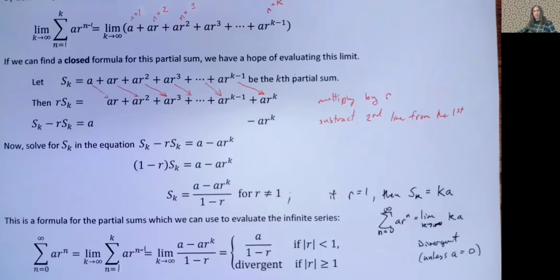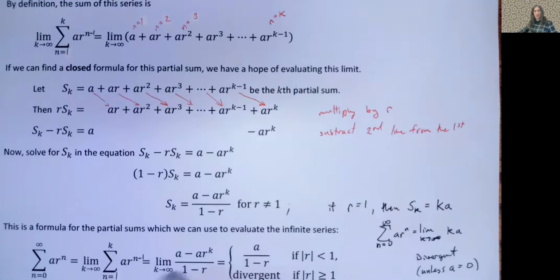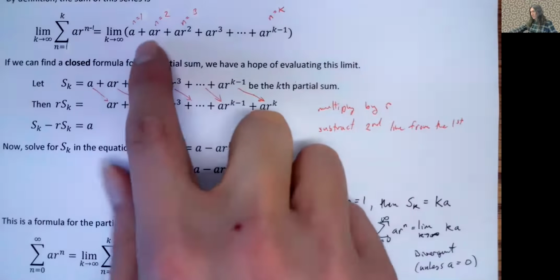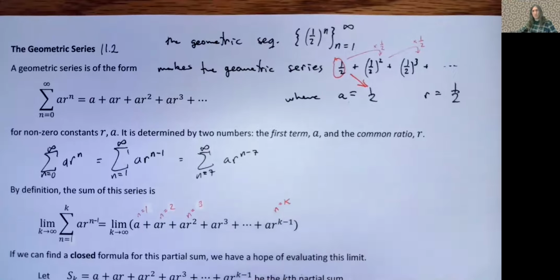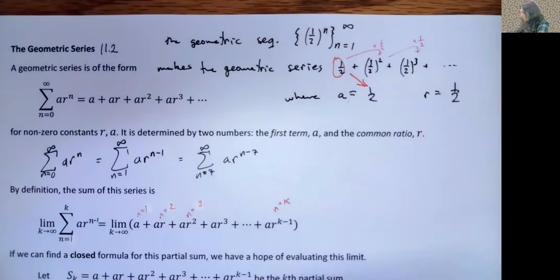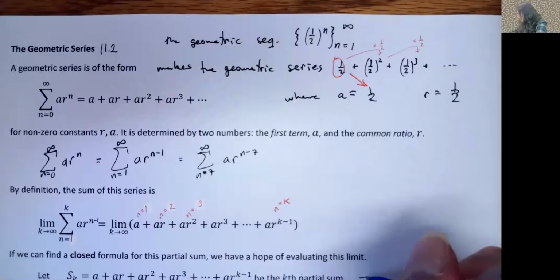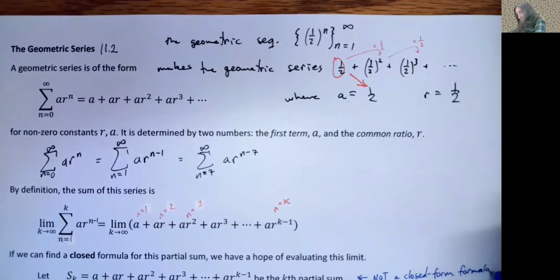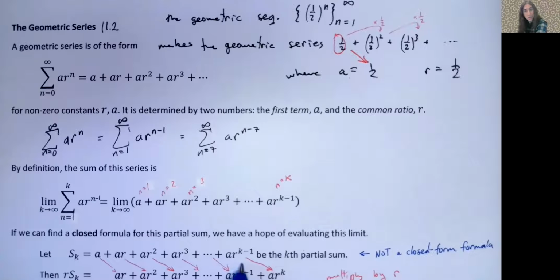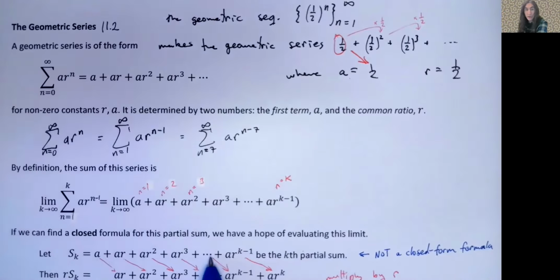And it won't be until power series that we can find another way to get around that problem. Basically, the problem is that finding formulas for partial sums is difficult. This formula right here is not a closed form formula. What that means is that the formula itself actually changes as the value of k changes, right? As the value of k changes, we've got to use these ellipses.